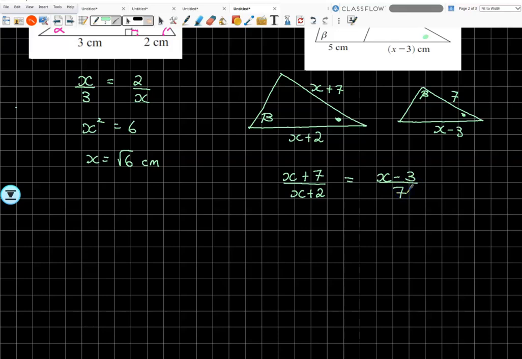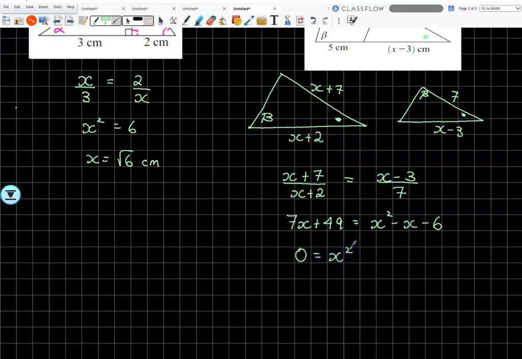We just cross multiply. So we've got 7x plus 49. We're going to multiply these out. So it's x plus 2 times x take 3. So it's x squared take x take 6. All right, if you want to put in an extra step there with the brackets, please do so. I'm just speeding it up now because I've got people tuning out.